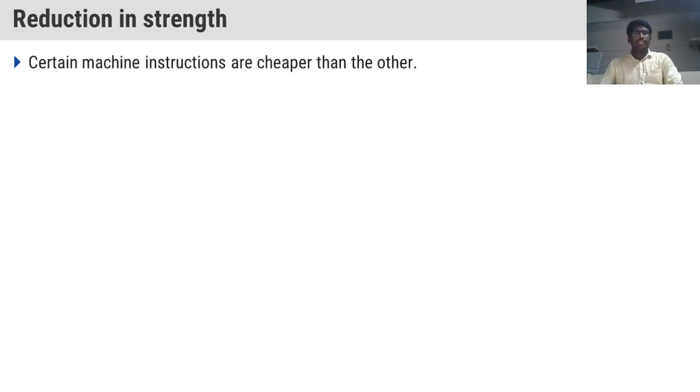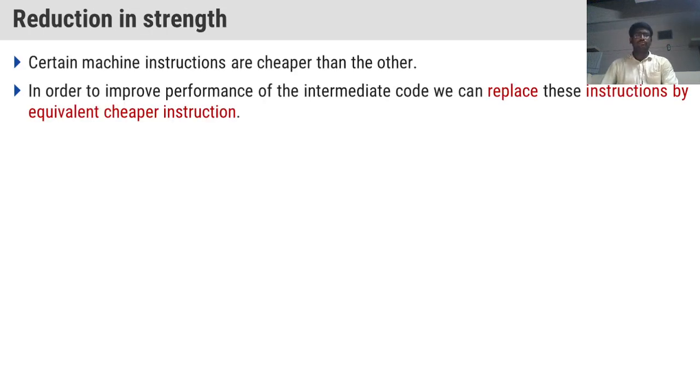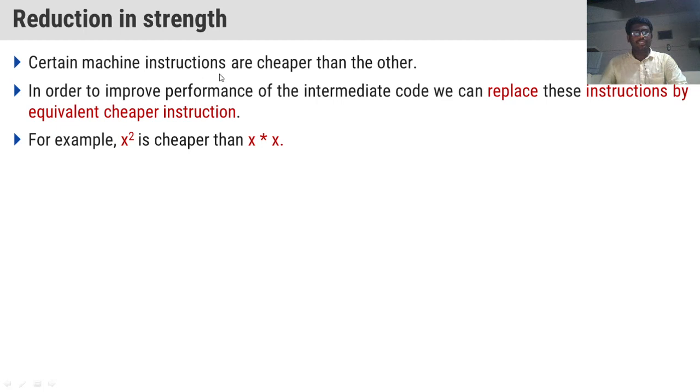Next one, reduction in strength. In order to improve the performance of the intermediate code, we can replace the instructions by equivalent cheaper instructions. Certain machine instructions are cheaper than others. For example, x square is cheaper than x into x.